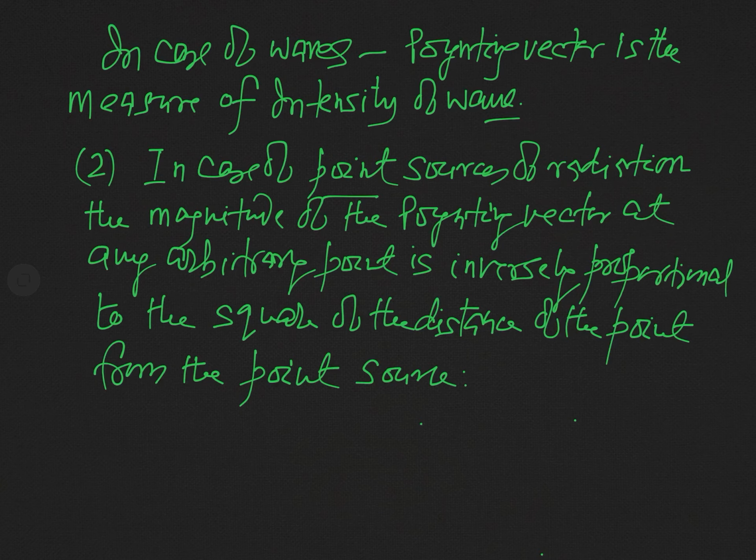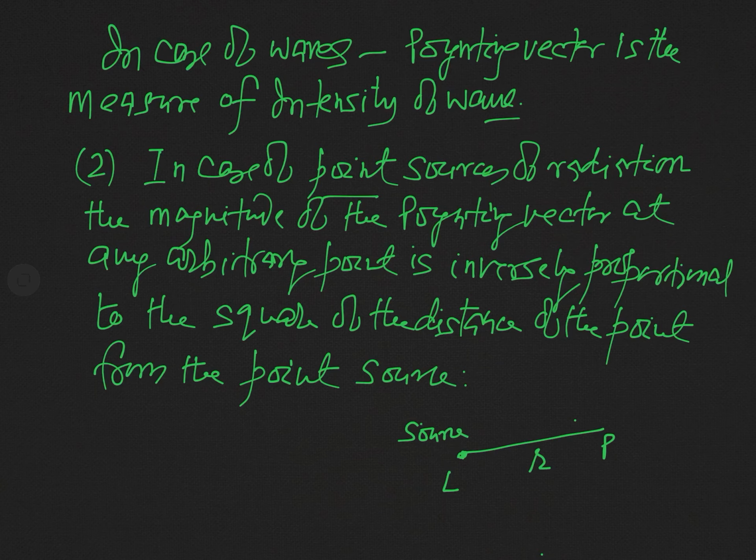Actually, what this statement says: let us consider that L is a point source of radiation, and we take any point, let us say P, which is at a distance r from this point source L. L is a source point, and source means it is a source of radiation.